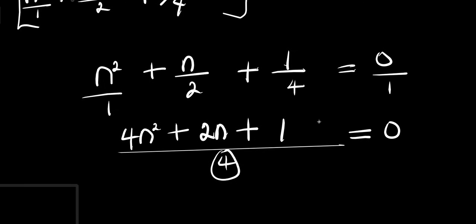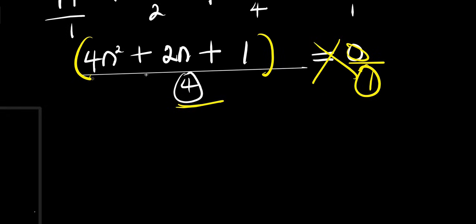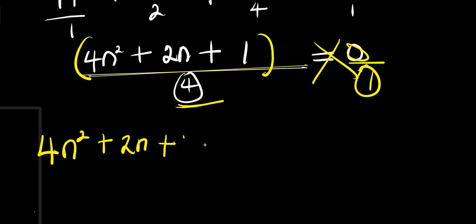So at this point, I can cross multiply. 4 will multiply 0, this over 1, and this will multiply 1. So when this multiplies 1, we have the same thing for n squared plus 2n plus 1 equals, when 4 multiplies 0, we have 0.